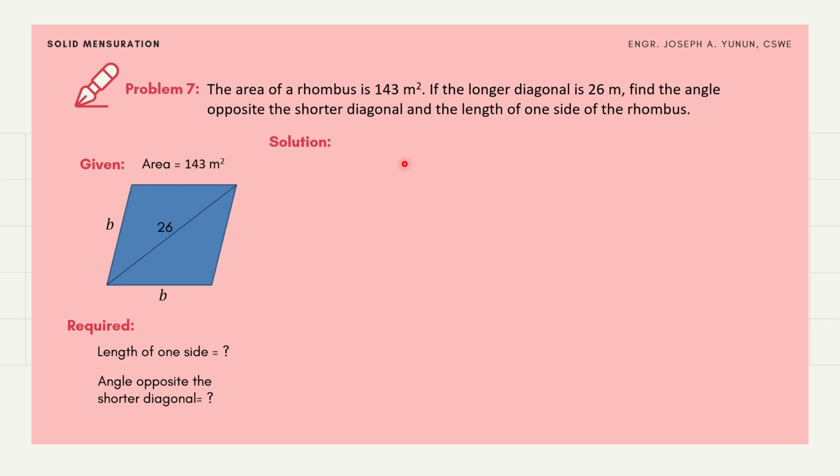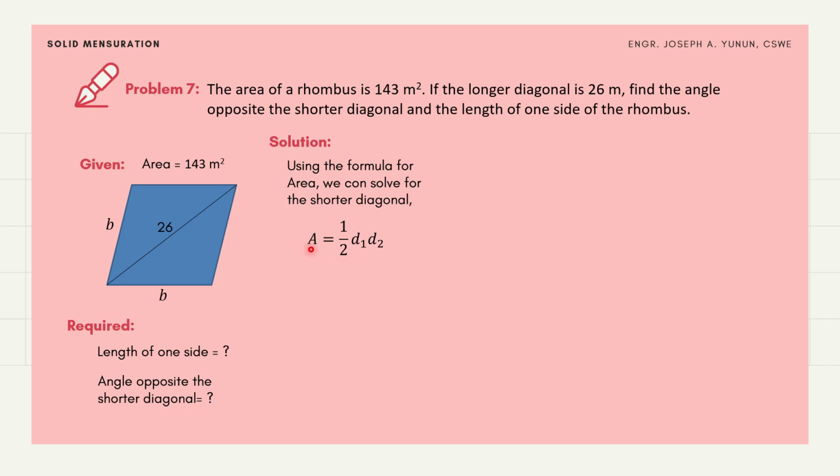A diagonal. Okay, so we can solve for the shorter diagonal here on these vertices. So this one is the longer diagonal, this one is the shorter diagonal, using the formula of 1/2 diagonal 1 and diagonal 2.